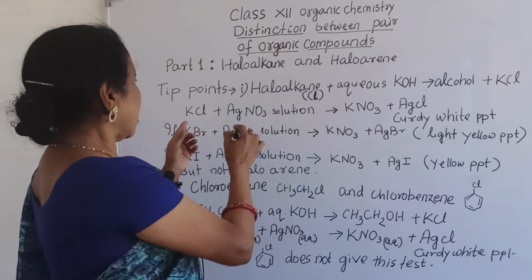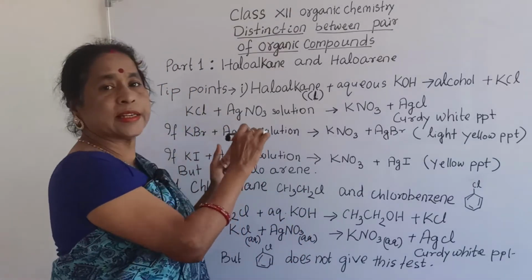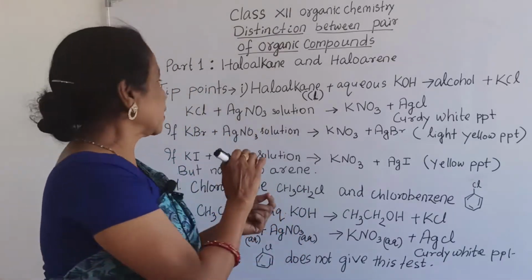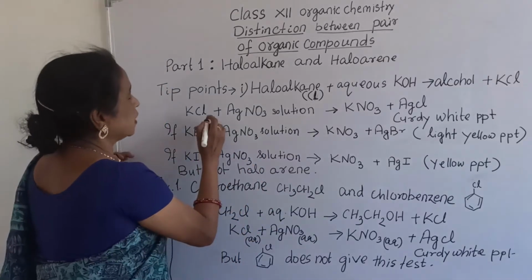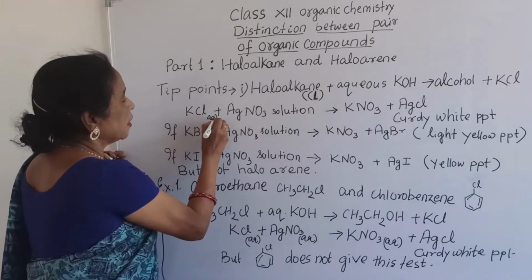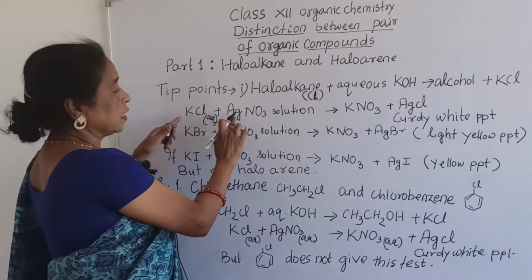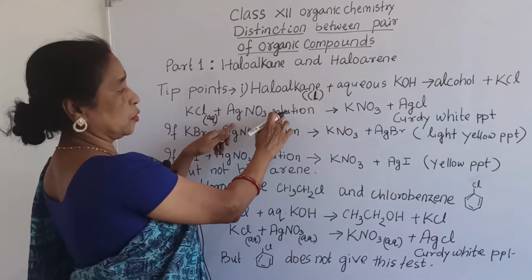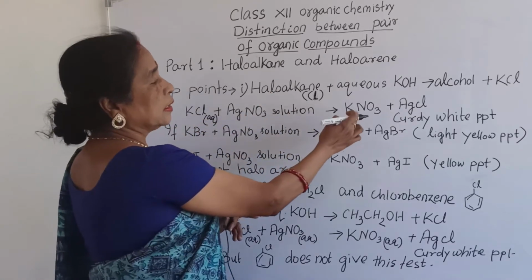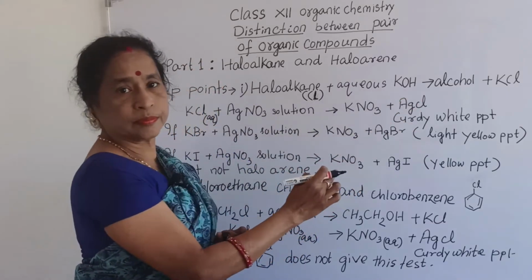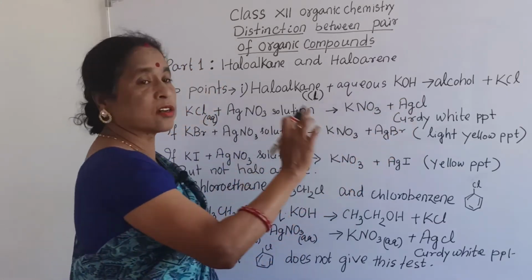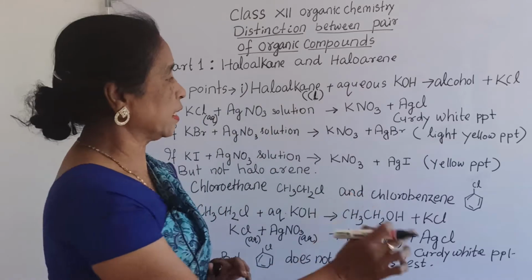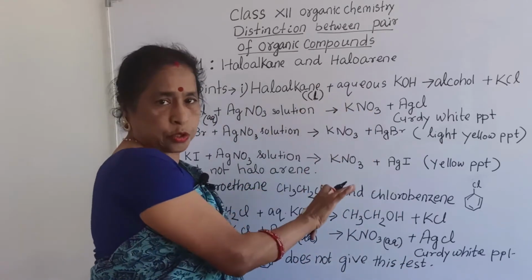If you add silver nitrate solution to potassium chloride, in aqueous condition, it gives AgCl. AgCl is a curdy white precipitate and KNO3 remains in solution.